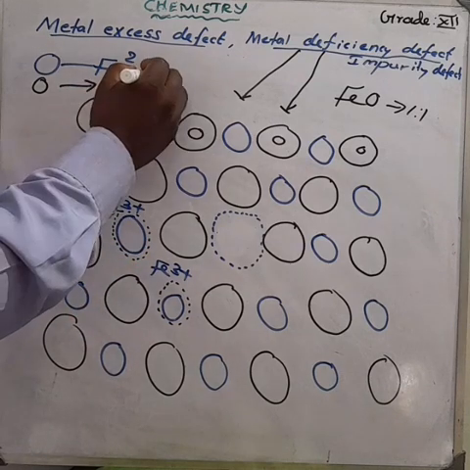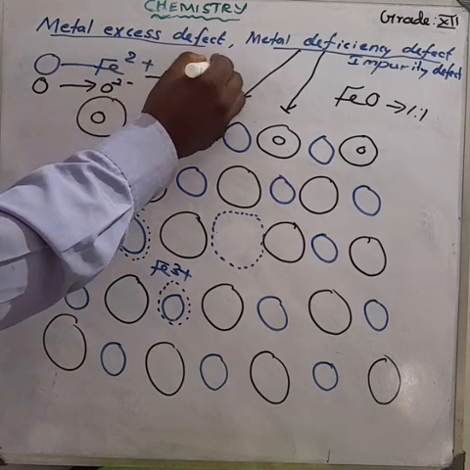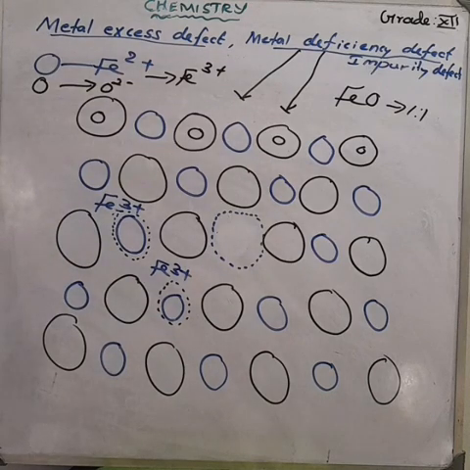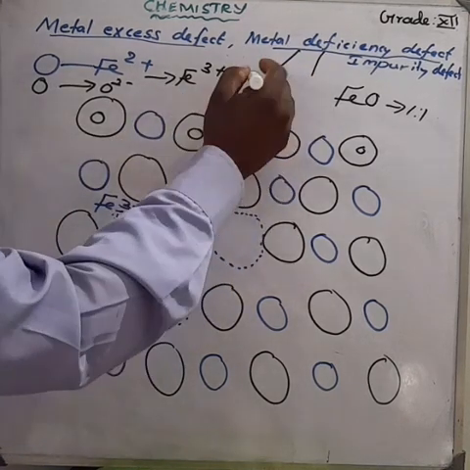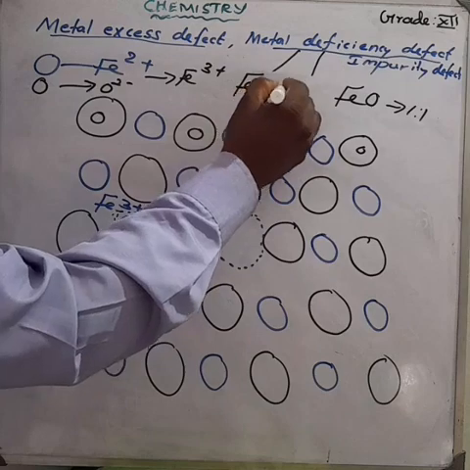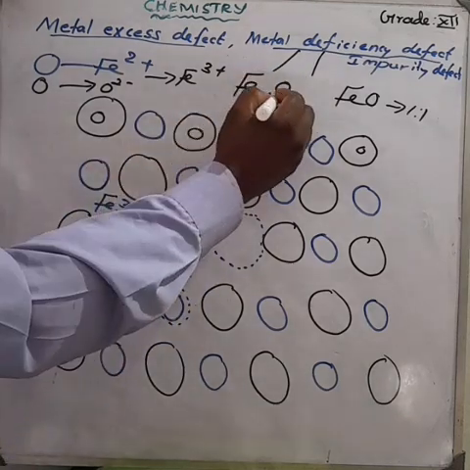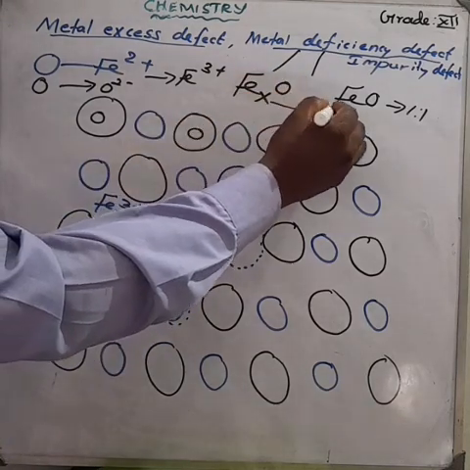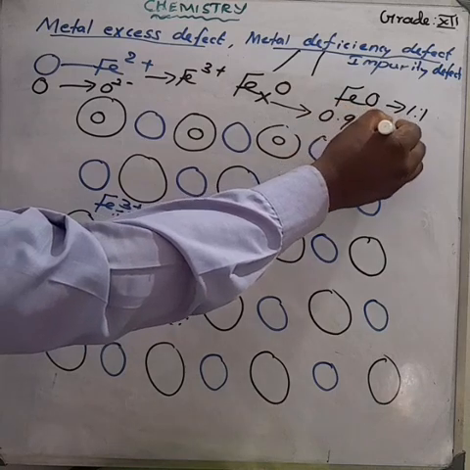In such a case, the overall number of Fe2 plus and Fe3 plus ions is less than O2 minus ions. So the general formula of ferrous oxide is FexO, where x ranges from 0.93 to 0.98.